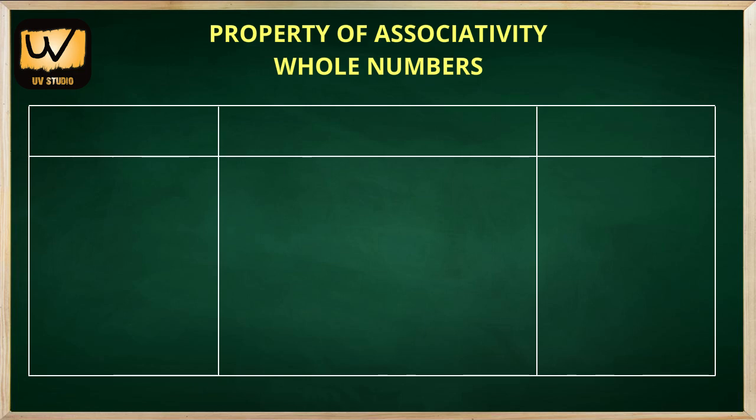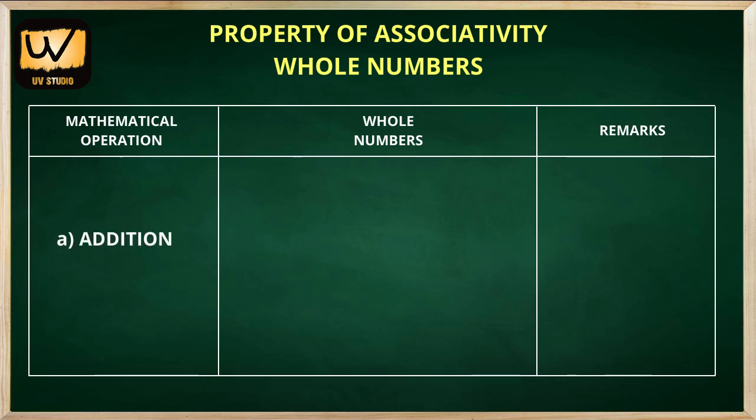The first column is mathematical operation, the second column numbers, and the third remarks. So don't forget, what are we dealing with? The property of associativity for whole numbers. The first mathematical operation is addition and the whole numbers are, again, I have taken the same example. A is equal to 1, B is equal to 2, C is equal to 3.